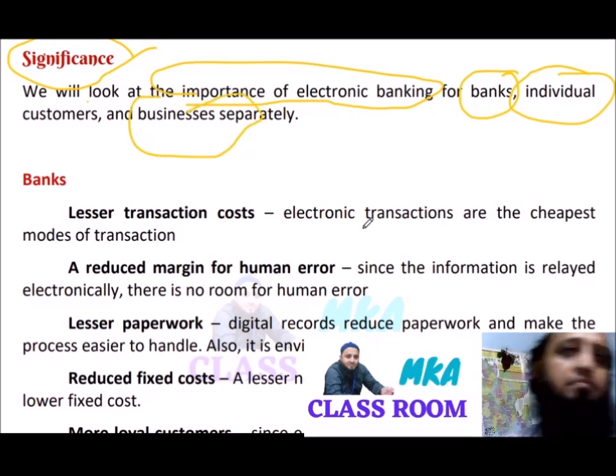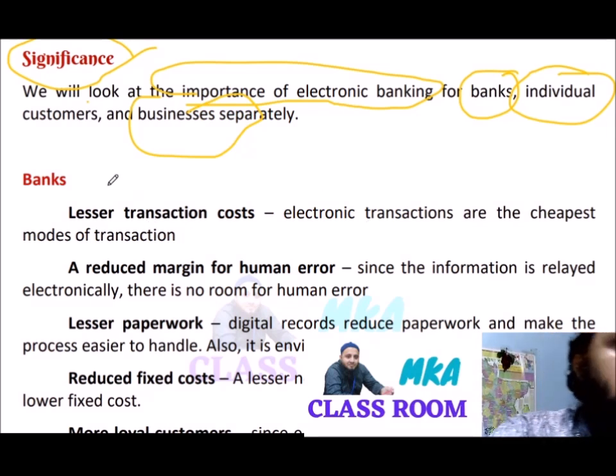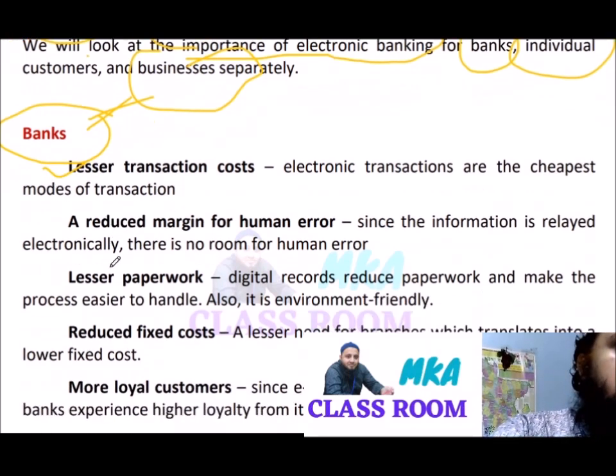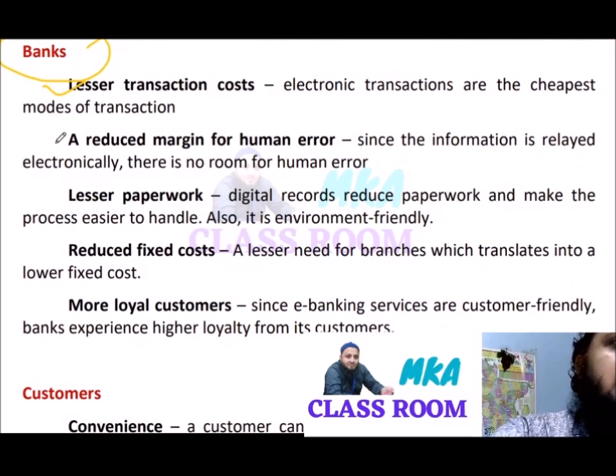Now we will try to discuss the importance of electronic banking for banks. That means what the significance of electronic banking is for bankers. It reduces transaction cost, reduces margin for human error, lessens paperwork, reduces fixed account costs, and creates more loyal customers.